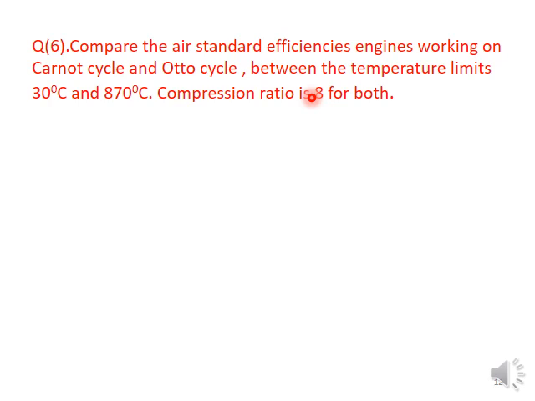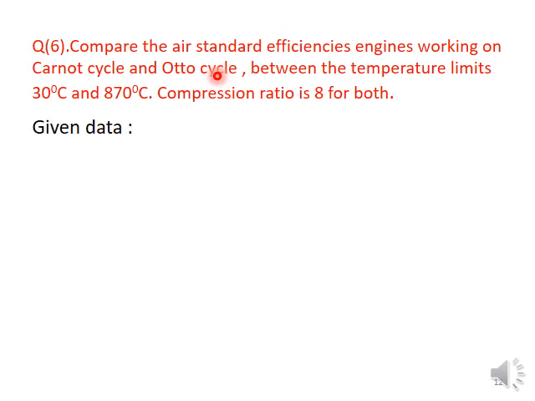Discussing the Otto cycle, we discussed one point, that if the temperature limits are the same for both the cycles, then the efficiency of the Carnot cycle is greater than the Otto cycle. So after solving the problem, we can see that the Carnot cycle efficiency is more than the Otto cycle. So first write the given data.